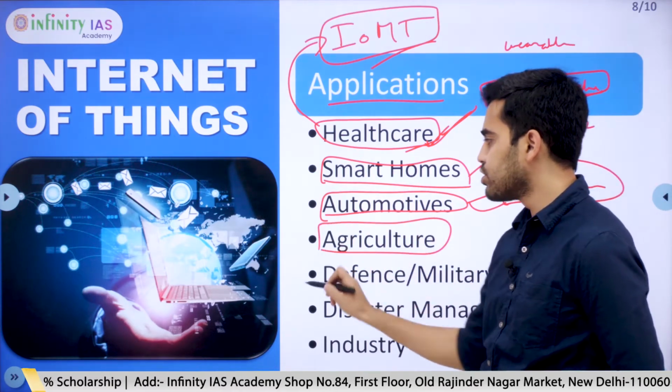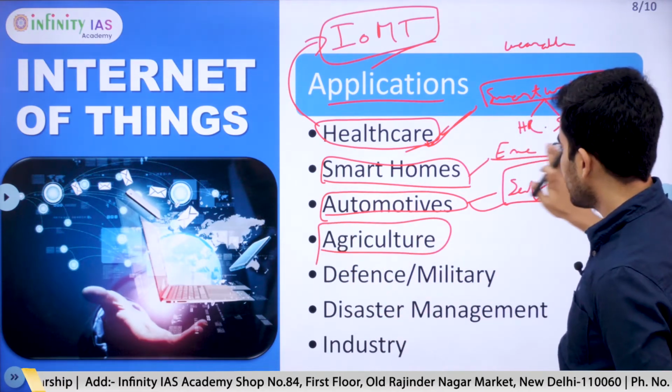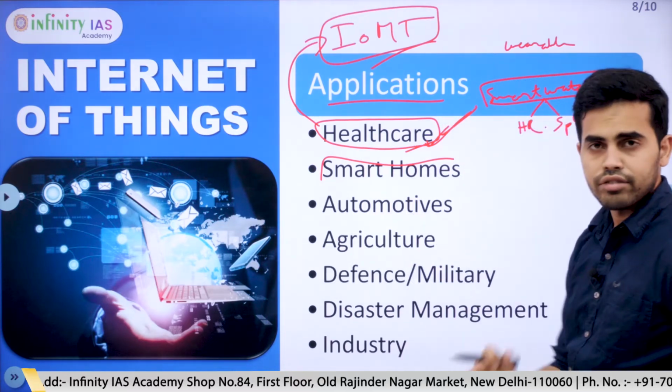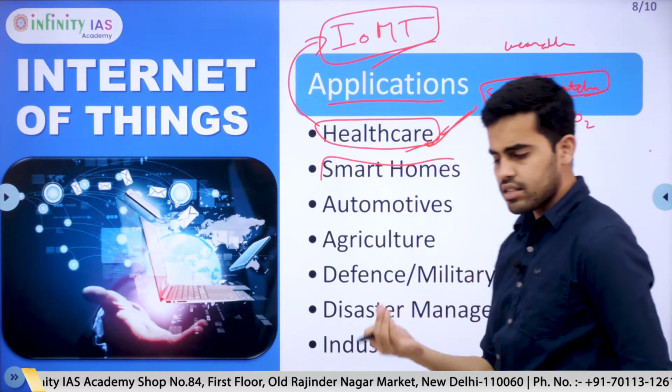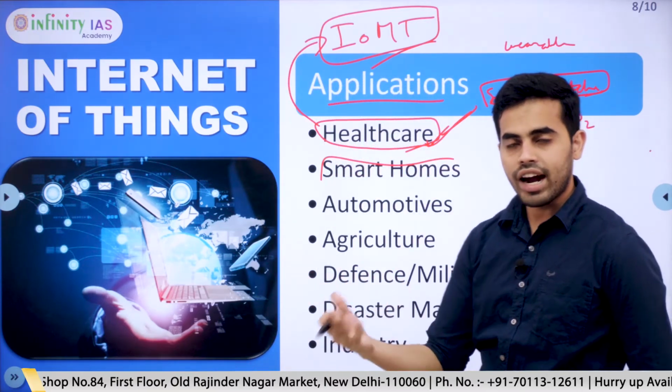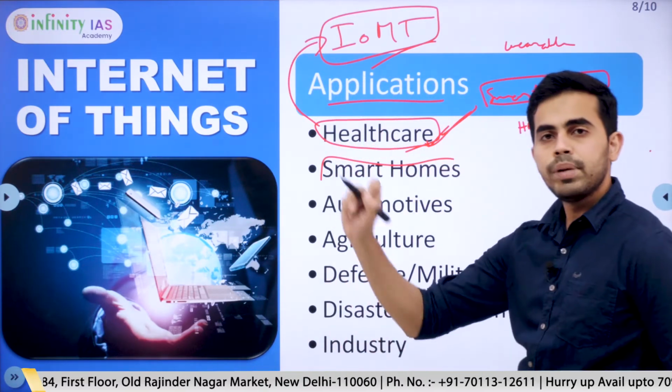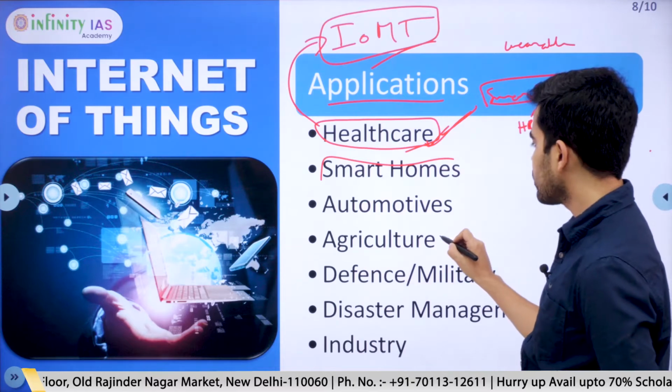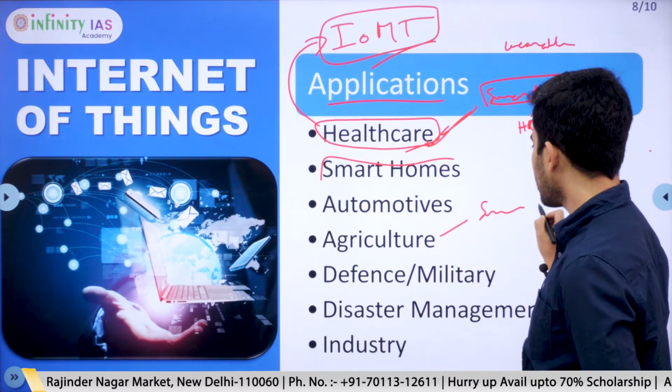Next is agriculture. Internet of Things can also be used in agriculture. For example, we can put sensors in the soil that will sense the level of water or hydration levels, and it will be connected to a smart irrigator, a smart sprinkler.